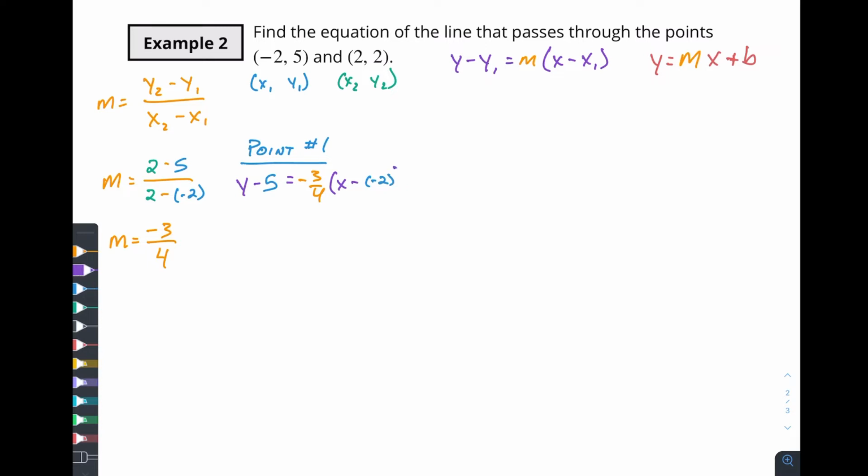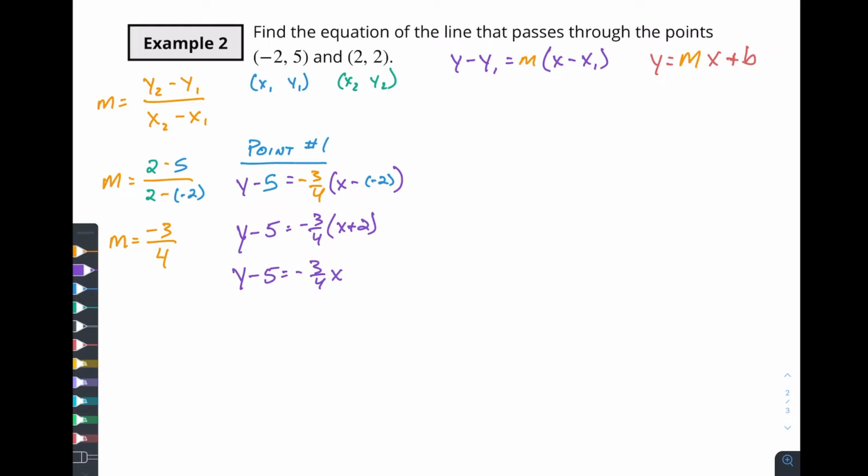So we do a little bit of simplifying. y minus 5 is equal to negative 3/4 times x plus 2. We have to distribute our negative 3/4 across our x and our positive 2. So we have y minus 5 is equal to negative 3/4 x, and negative 3/4 times 2.